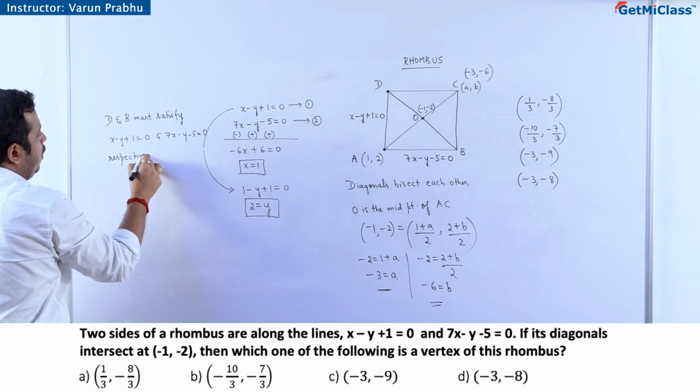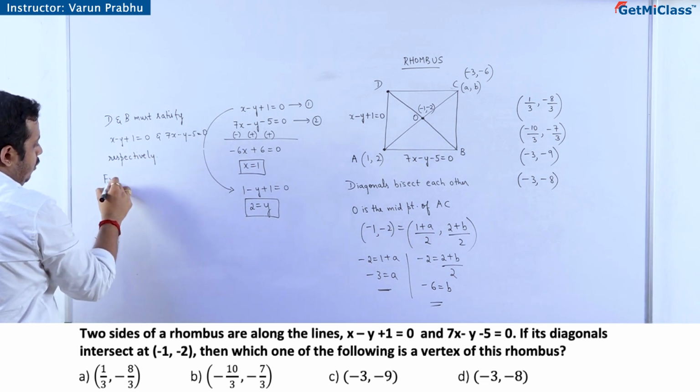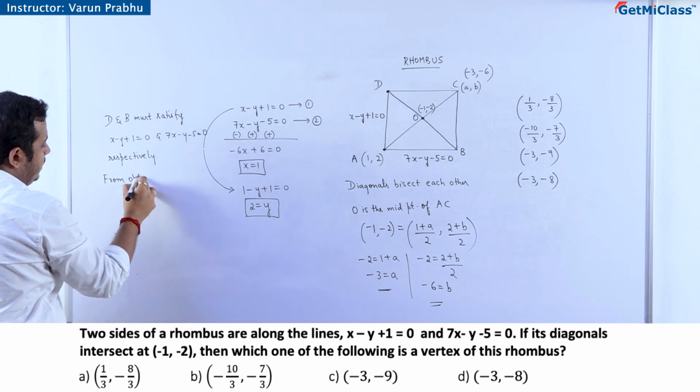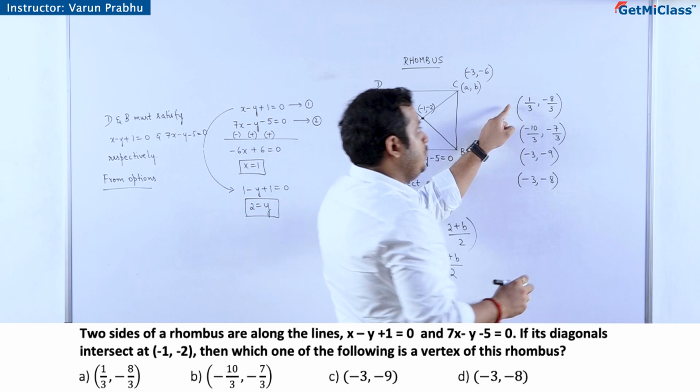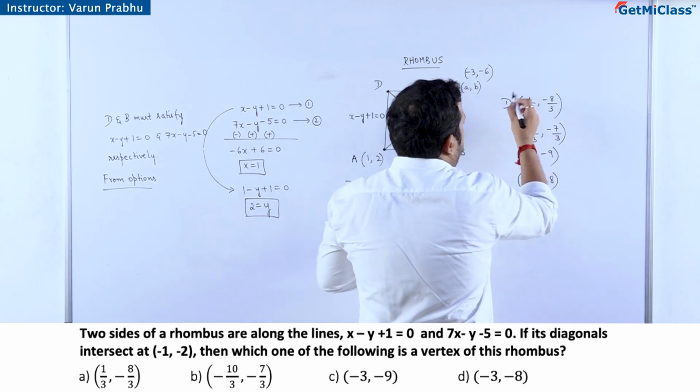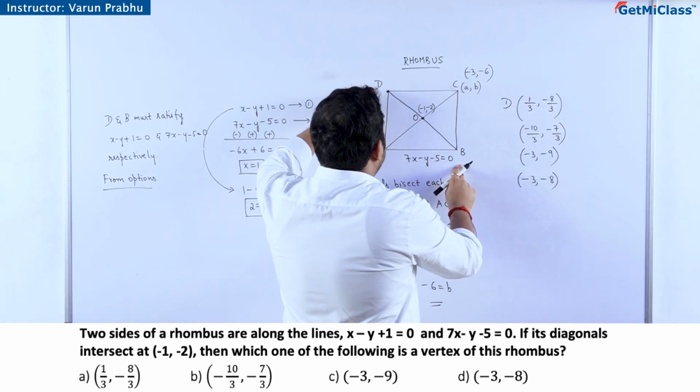So what do you do? From the options, you can clearly see that if this was supposed to be vertex D, then it should have been lying here, no?